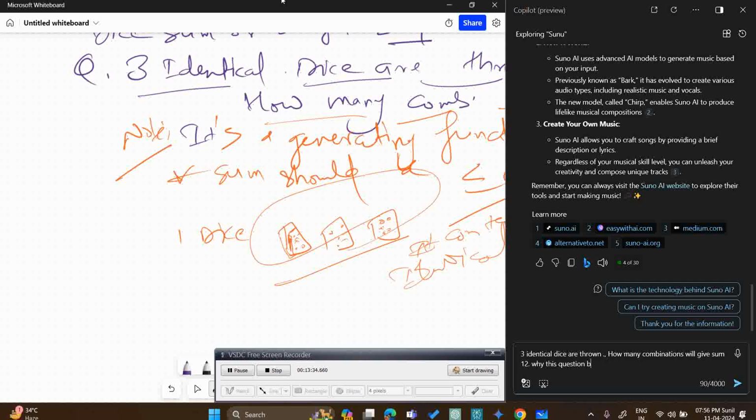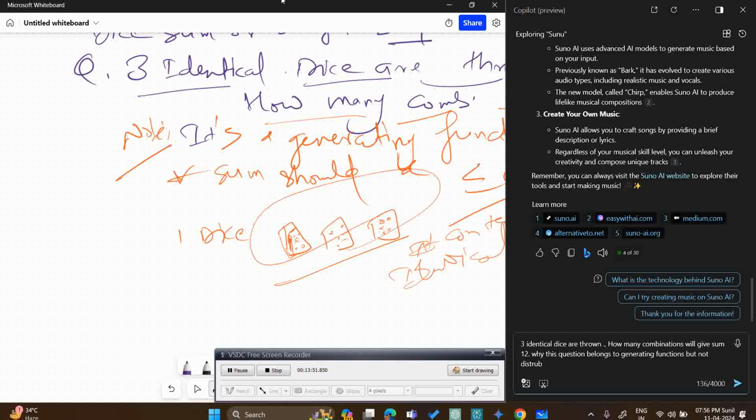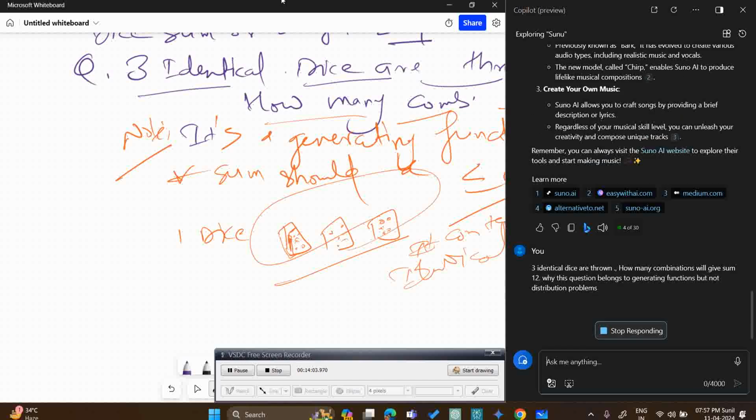Why this question belongs to generating functions but not discrete distribution problems. Right. So this will be elaborated much more.